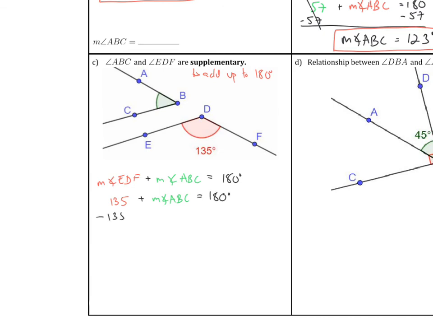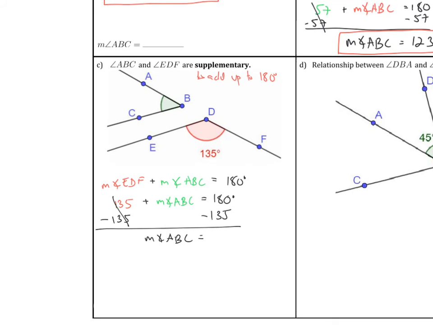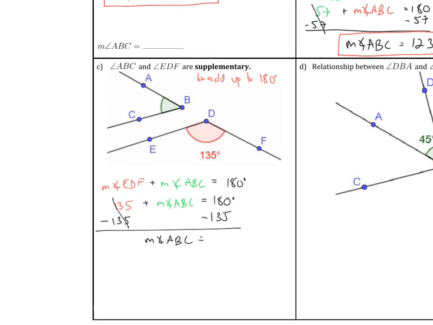I can now subtract 135 on both sides. The 135s on the left side cancel out, and I'm left with the measure of angle ABC is equal to 45 degrees.